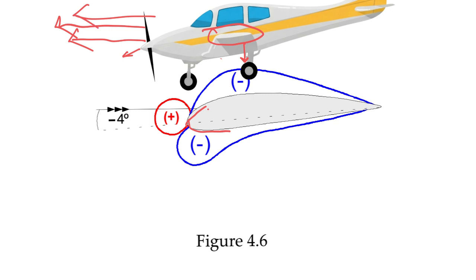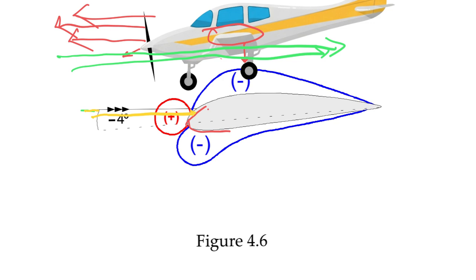So what will happen to the relative airflow? The relative airflow is opposite of the flight path. This is the relative airflow. Now this relative airflow is this black line, the direction of the relative airflow on the wing.